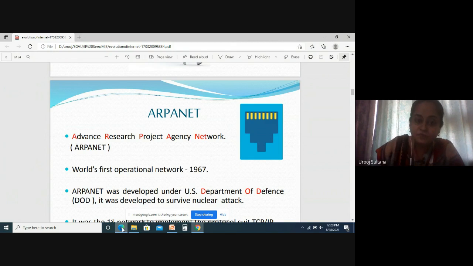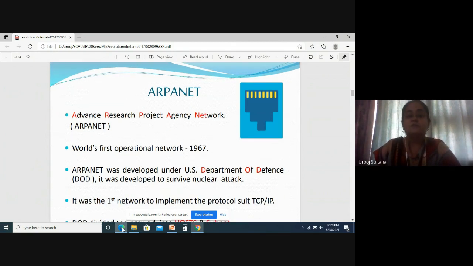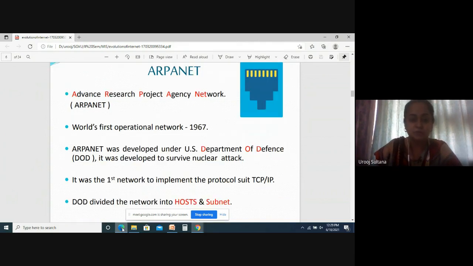ARPANET was first developed under the US Department of Defense, DoD. It was developed to survive a nuclear attack. It was the first network to implement the protocol suite TCP/IP, that means Transmission Control Protocol over Internet Protocol.